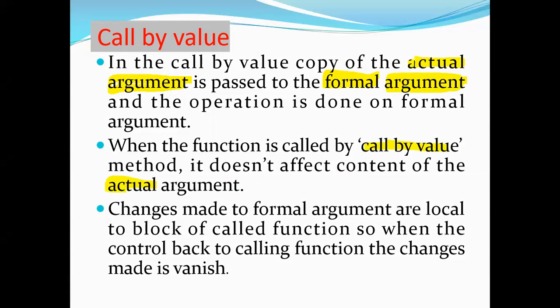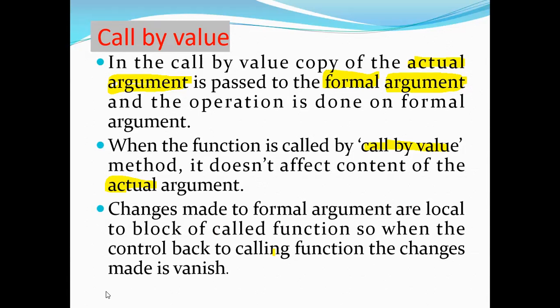Here two things are there: one is the actual argument, second is the formal argument. Changes are made only in the formal argument, and they are local to the block of the called function. So when control goes back to the calling function, the change made vanishes. It will not be reflected back to the calling function.